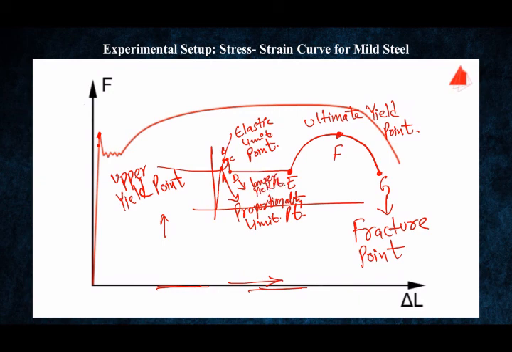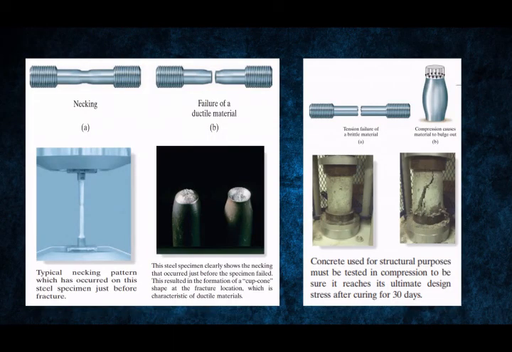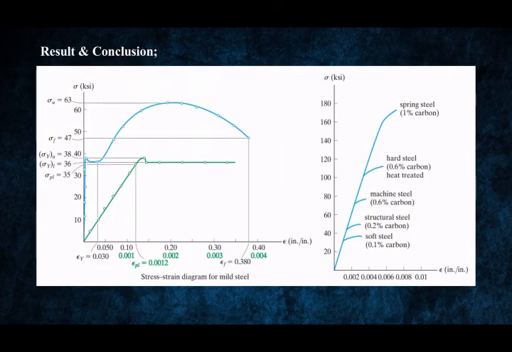Now let me show you this figure. This was the proportionality limit and the elastic limit, and this was the start of strain hardening. This is the ultimate yield point, and this is what we call the fracture point. Now, in order to discuss its details, let me show you in the other figure.